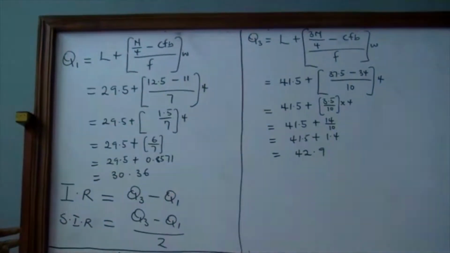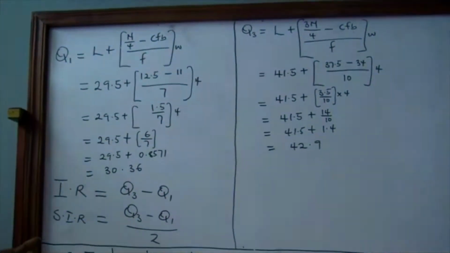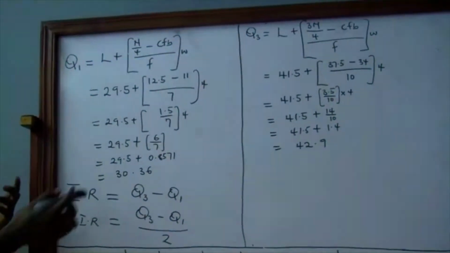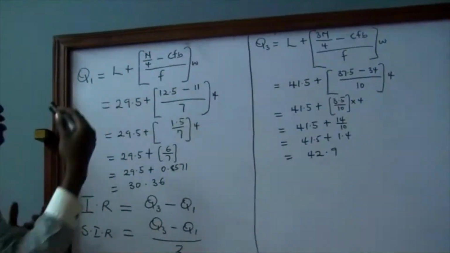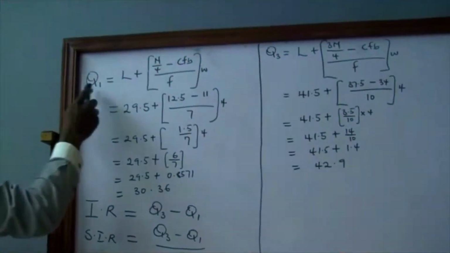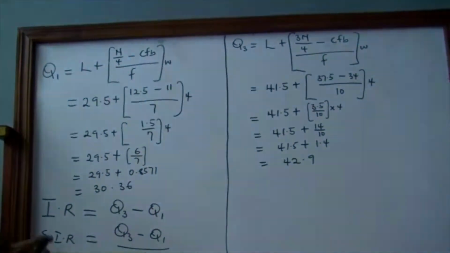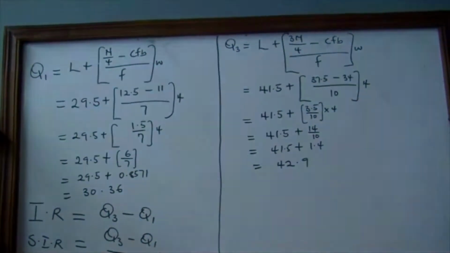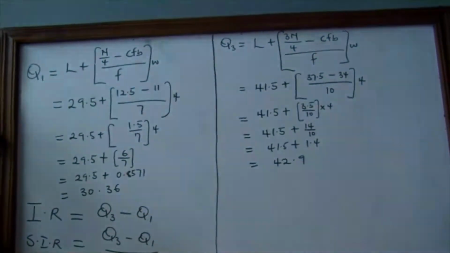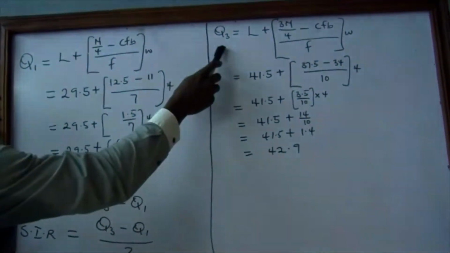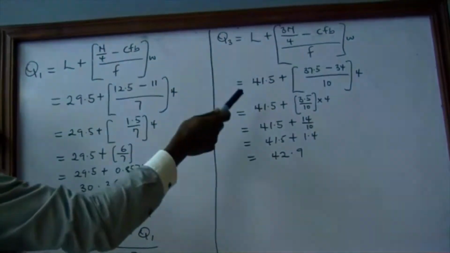So, if I were a student writing this exam, I would just master this formula and know that when I'm doing the Q1, I use n over 4. When I'm trying to get the Q2, which is the median, I use n over 2. And when I'm trying to obtain the Q3, which is the third quartile, I use 3n over 4.